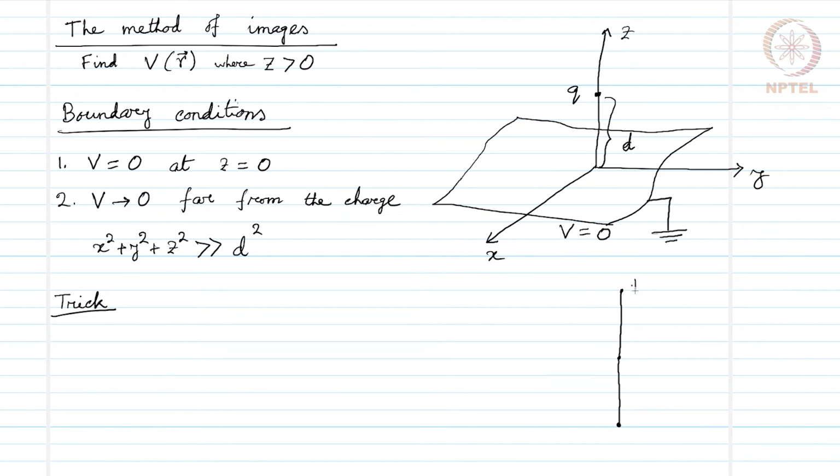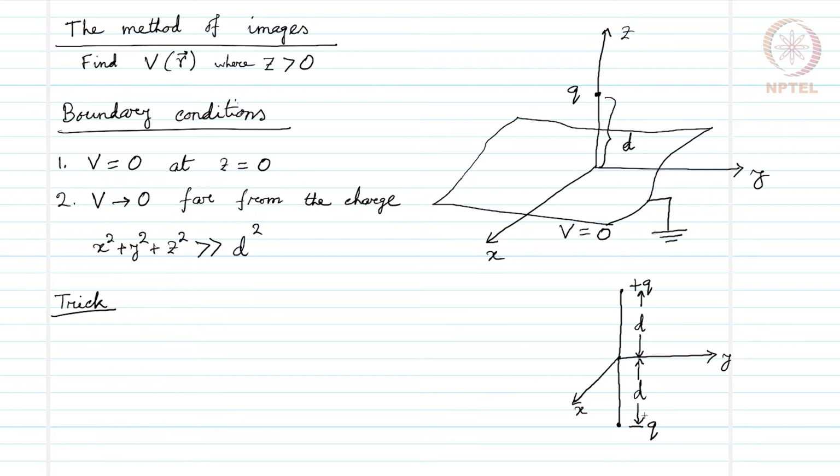So, here is plus q charge, here is the origin of the coordinate system, and here is an image charge minus q. This distance is d, this distance is also d. Let us consider this kind of an arrangement.